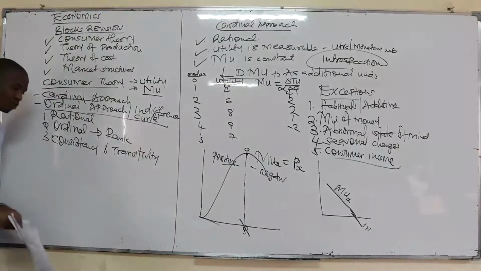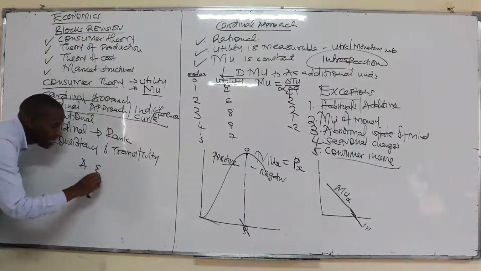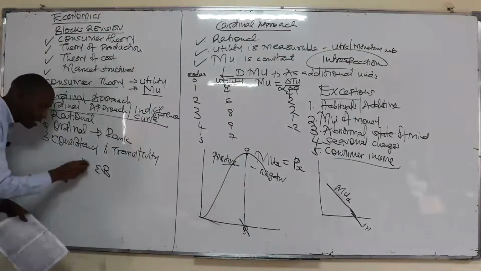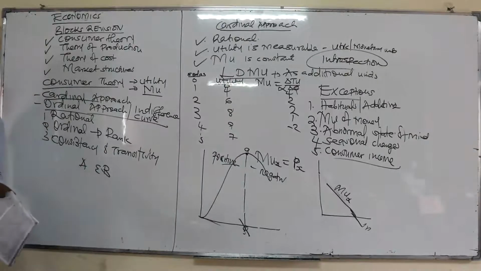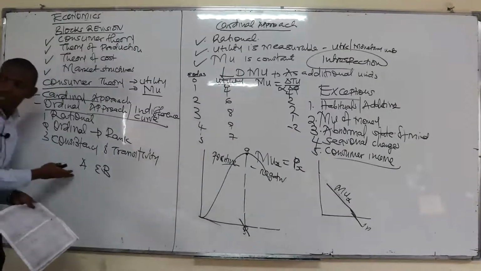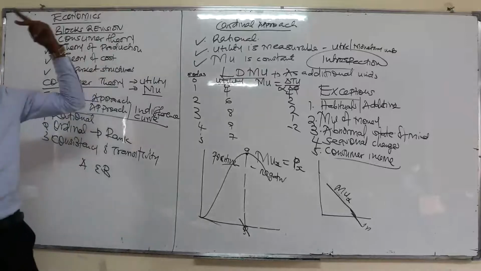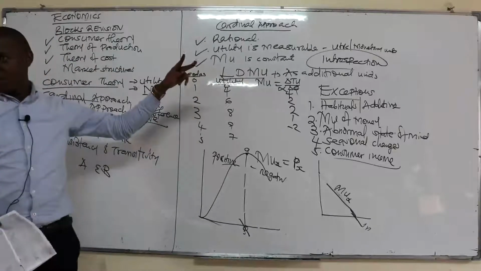So as a result of that, there is what we call consistency. For example, suppose the consumer in this case is consuming a combination of good A. There can be two types of goods in that combination. Are we together? Because when I talk about the combination, in this case, you have to consume two goods for you to be at indifference.